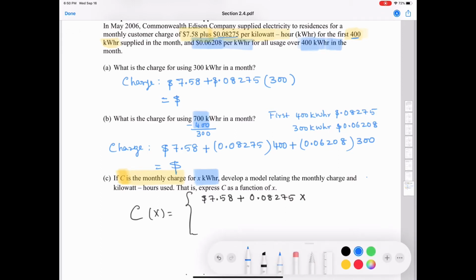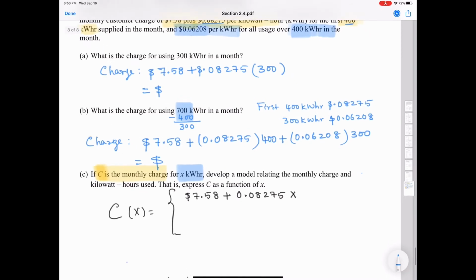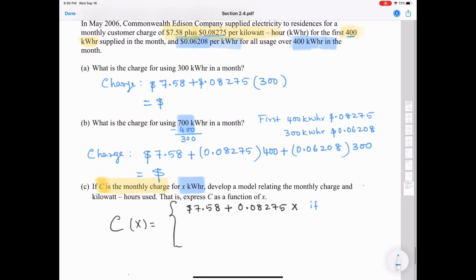This is possible if X is between 0 and 400. So this is the domain in which that is possible.